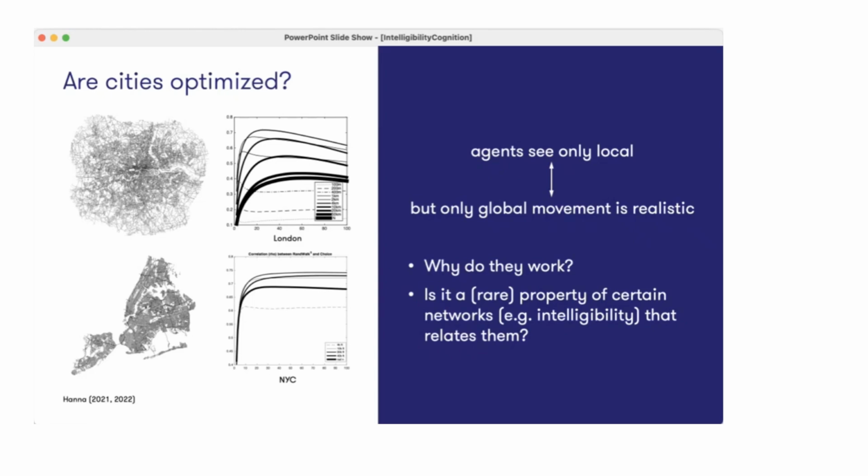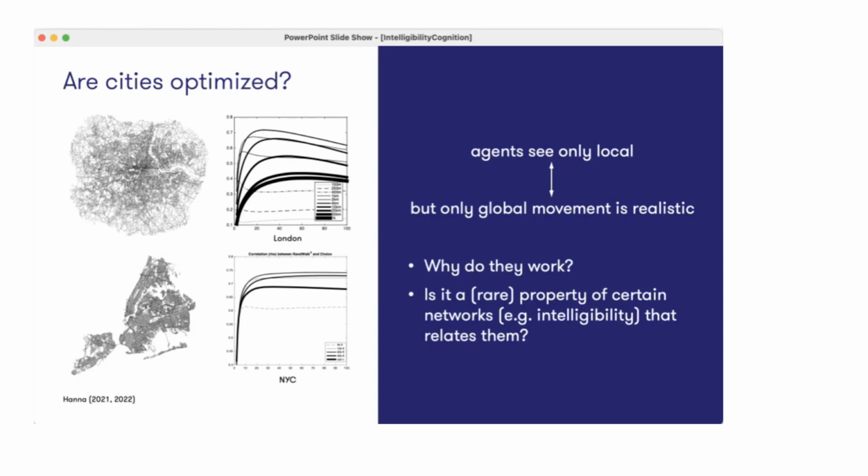Now, as I said, they very quickly converge to a steady state after between 20 and 30 steps. But you can see in London that the curves go up very quickly, but these curves are all at different scales of choice. And the one that corresponds best with human movement is known to be about 4 kilometers. And you can see this is also the one that corresponds best with the choice measures.